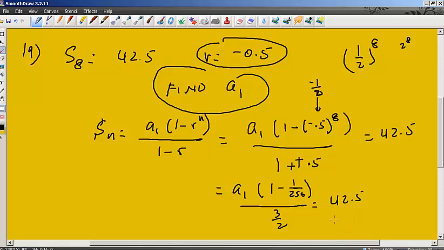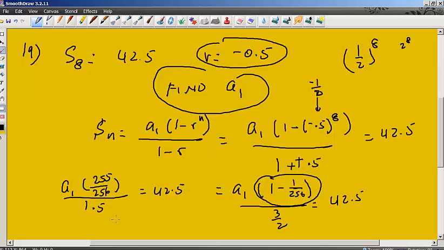Alright, you can do it in decimal if you choose to. Okay, what is 1 minus 1 over 256? 255 over, that's right, 256.